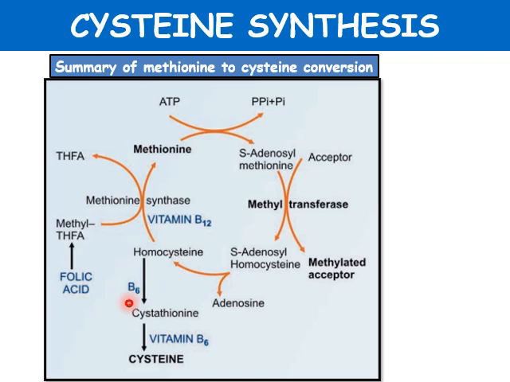In the presence of B6, it forms cystathionine, and again it splits to cysteine and homoserine. So here is the conversion of methionine to cysteine. For this, what we require is three important water-soluble vitamins, that is vitamin B6, vitamin B12, and folic acid.